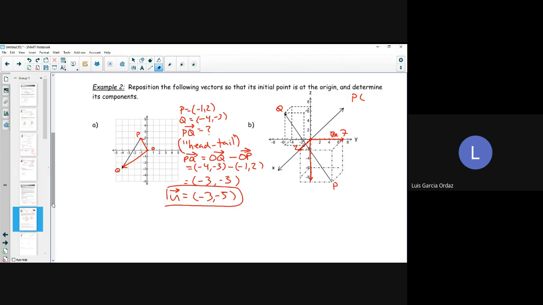I drew this way too long. The reason I know it's 2 is because of this point over here, negative 2 and negative 2. Because it's going the other way, it means it's positive 2. So again, I'm referencing based off of this point that it makes right here.